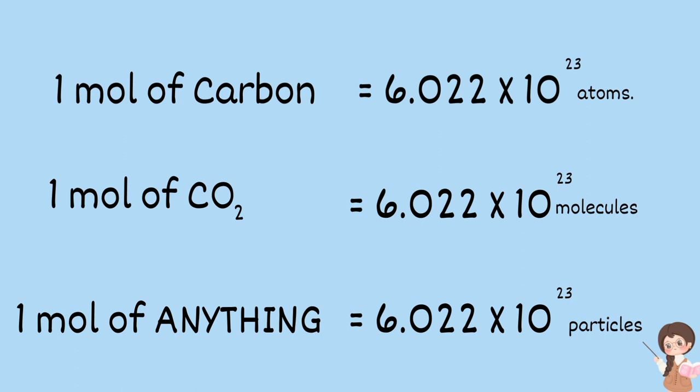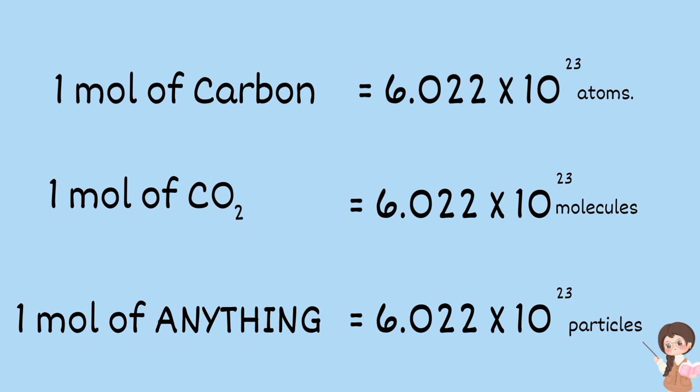The definition of the word particle is a basic unit of matter and energy, such as molecules, atoms, protons, neutrons, electrons, or photons. The difference is atoms is used to describe one type of substance, like an element where all the atoms are the same, such as carbon. So carbon is only made of carbon atoms, so we refer to its particles as atoms. And molecules describes a compound like CO2.